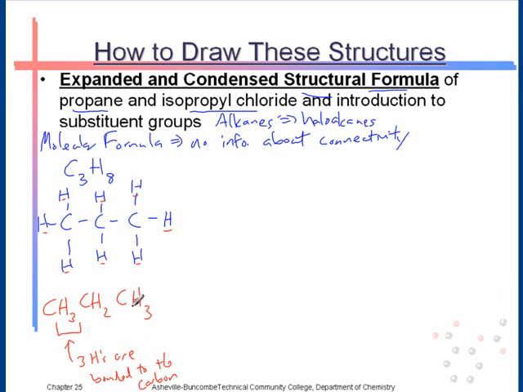There's 2 hydrogens bonded to that carbon, and so on. And so it's a more convenient way to show the molecule. And to tell you the truth, I'm not going to do the expanded structural formula all that much. I do it here just to make the connection. It's easier to see all the features there. It's really this that I'm going to use for this class. If you take my organic class, I actually use something called the bond line form, which is much more brief than this. And to tell you the truth, it's more convenient to draw the structure, especially larger ones.